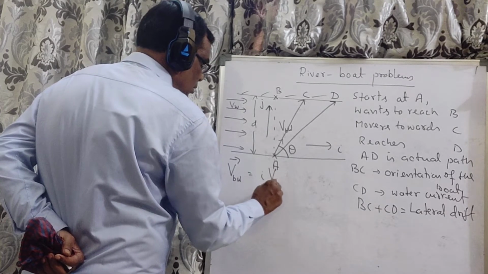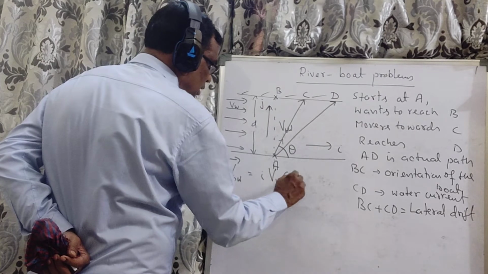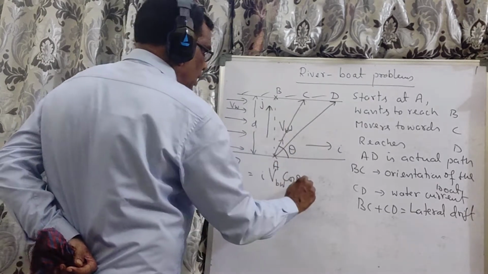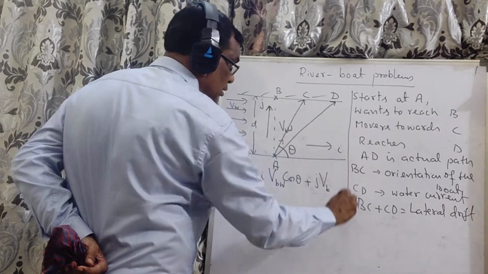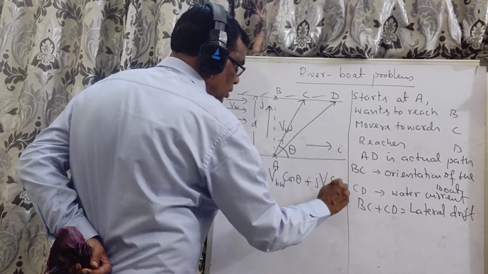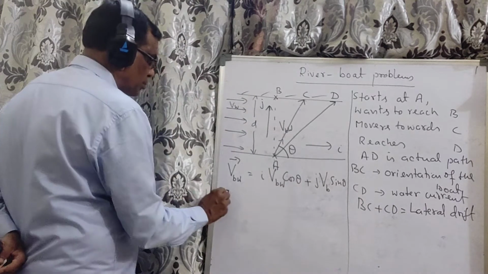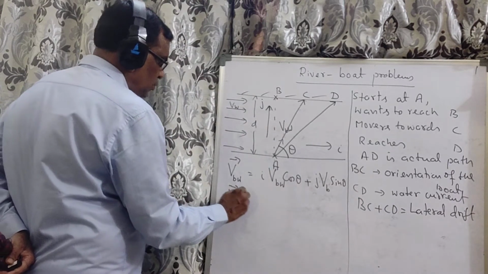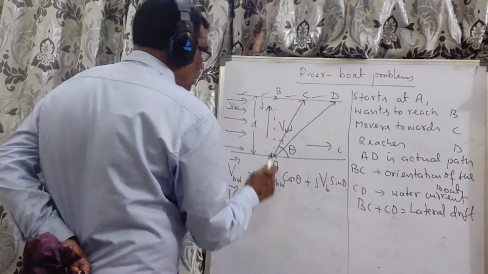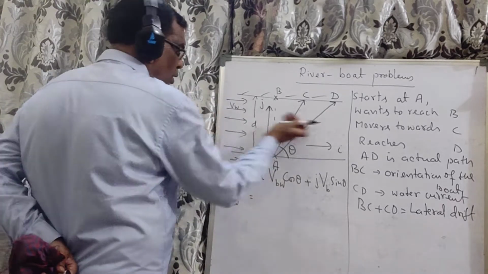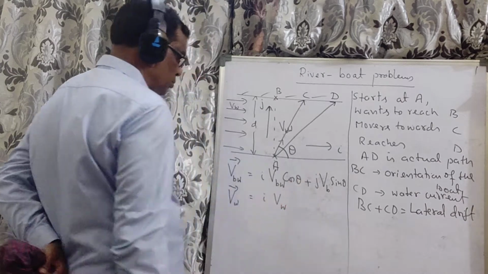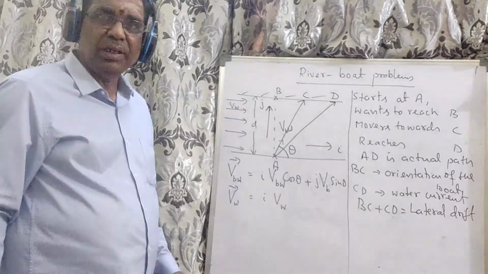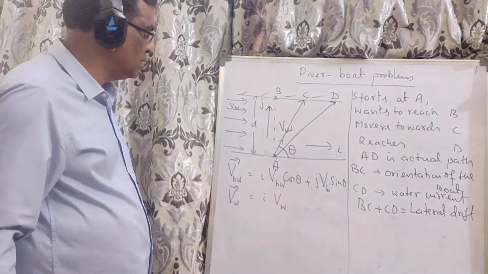I VBW cos theta plus J VBW sin theta. What is VW? VW is always I VW. Okay? This is how it is.